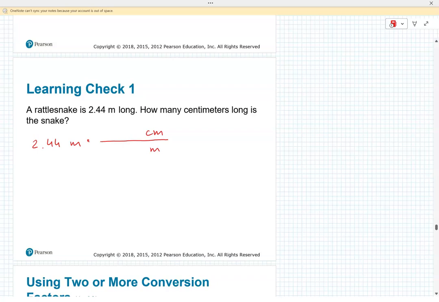Go on, say it out loud. 100. Perfect, yes, 10 to the second. And 244 centimeters.